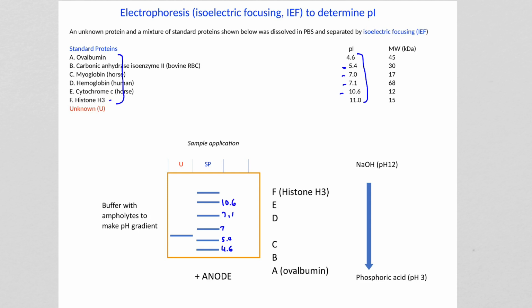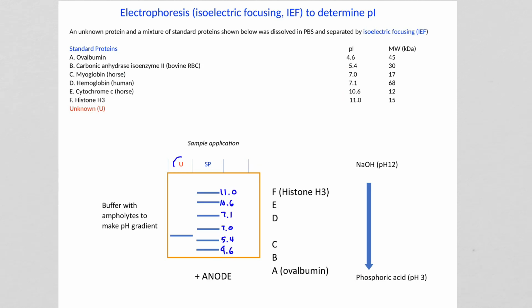And histone, another very basic protein, has a very high pI of 11.0. So you can see all the proteins that have a higher pI will be facing the sodium hydroxide side, while the proteins with lower pIs will be facing the phosphoric acid side. So this is how your standard proteins will be separated on an IEF gel.